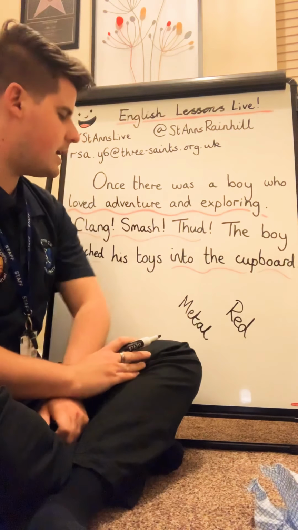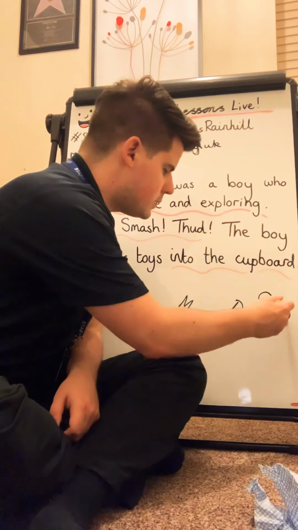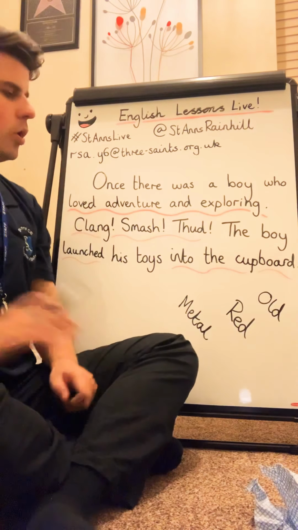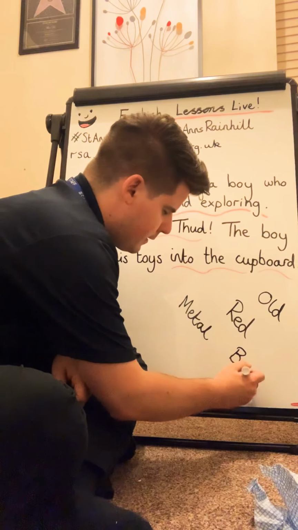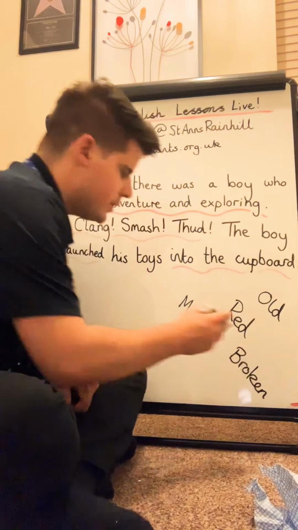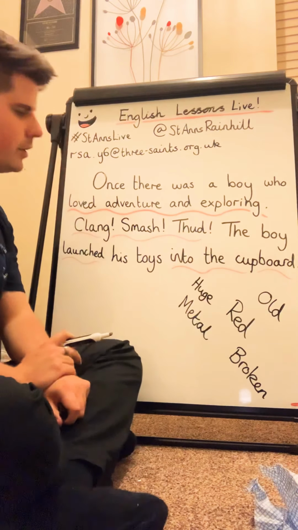We could say it was an old aeroplane. We could say it was a broken aeroplane. We could say it was a huge aeroplane, or we could say it was a tiny aeroplane.